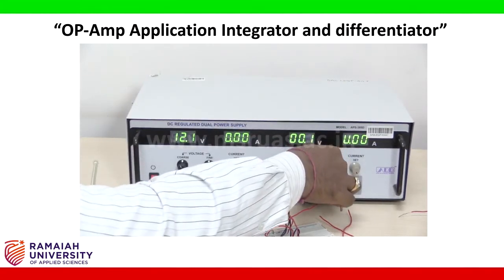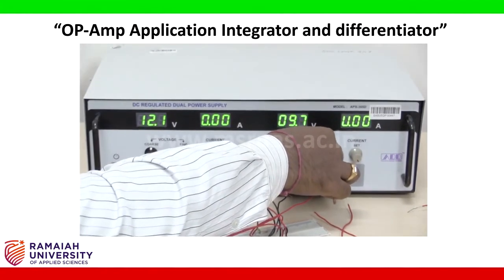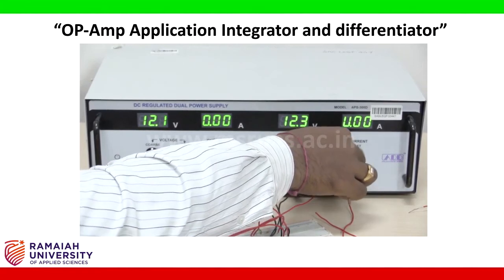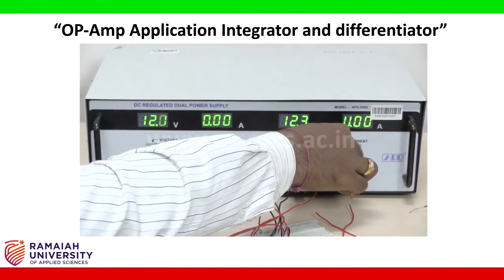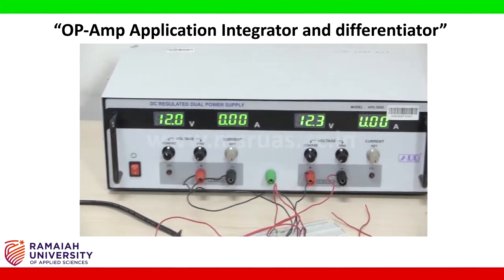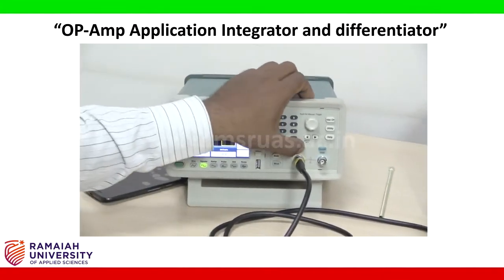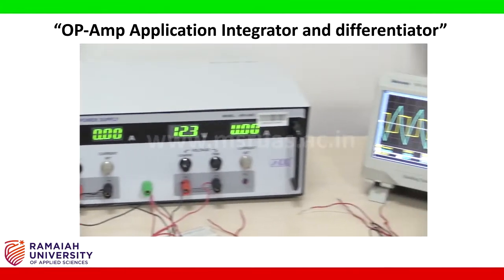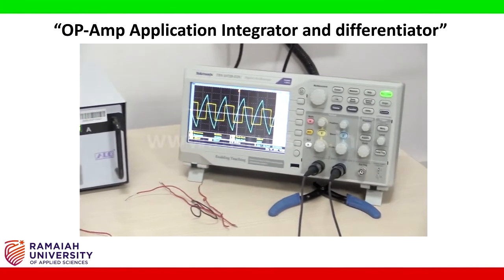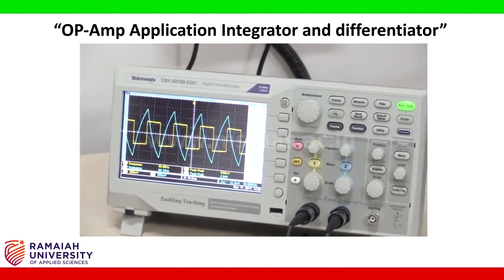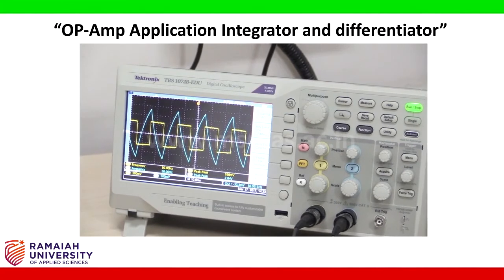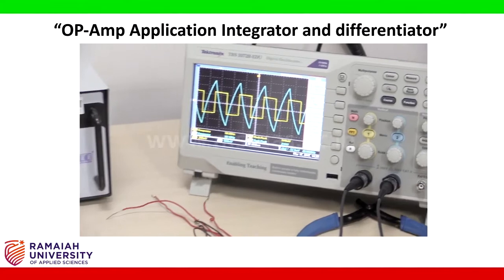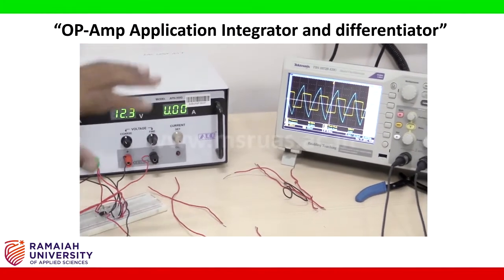And this also you set to 12 volt. So you can put mode 1. Now you can get the output of the integrator. So now our operational amplifier gives an output of an integrator. Hence the operational amplifier is working as the integrator circuit.